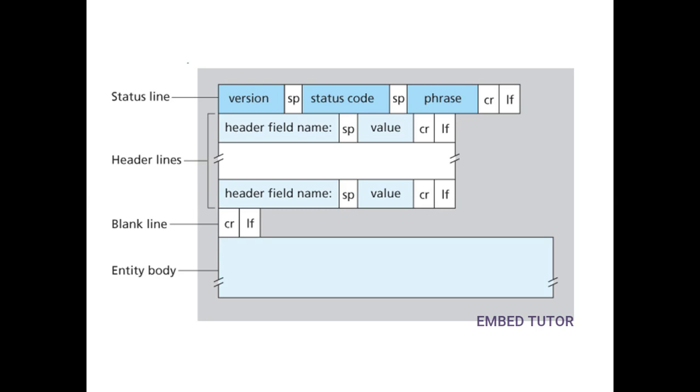And to mark the end of the HTTP response message, you have two consecutive carriage return line feeds. Now the question will come into our mind, where is my layer 4 header and layer 3 header and layer 2 header and trailer?